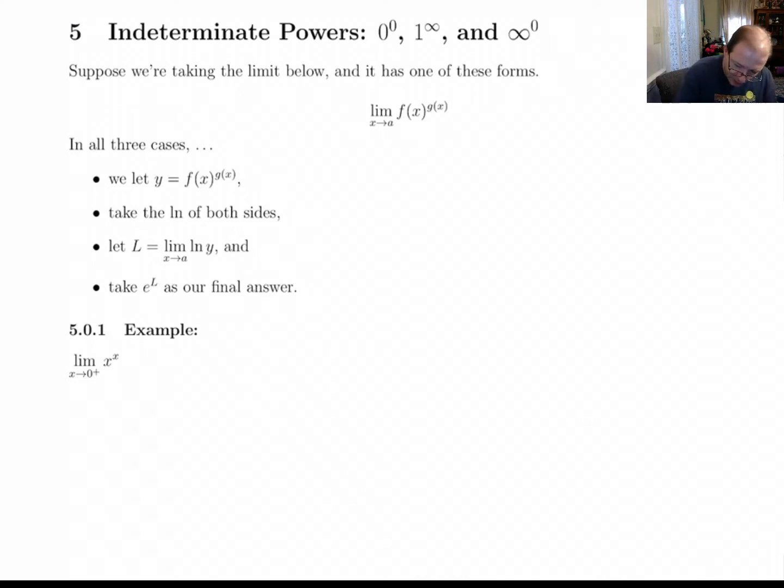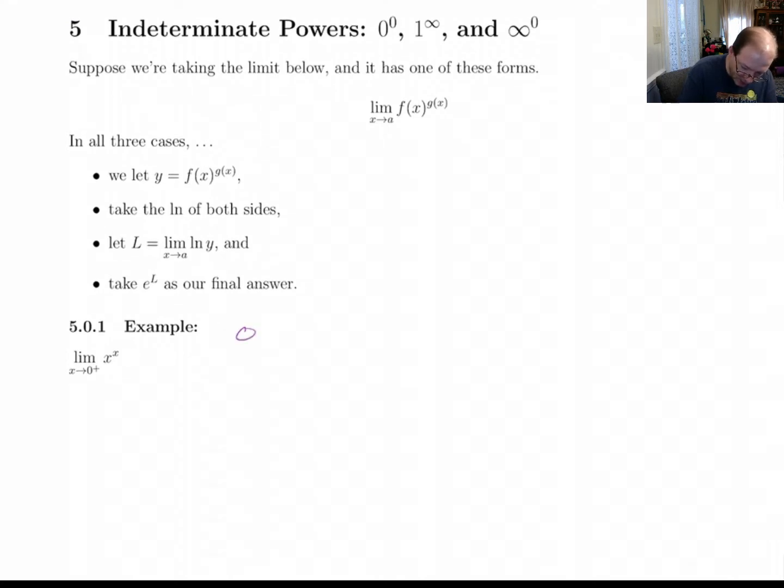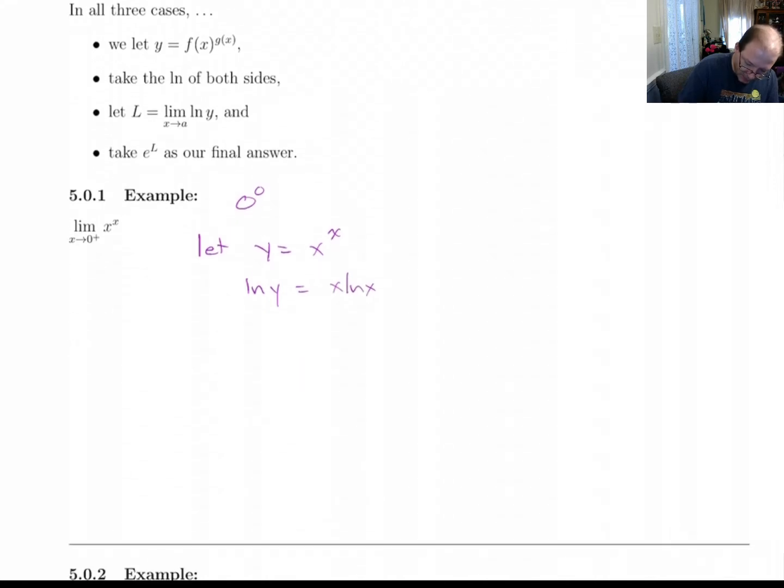This first one is x going to 0 from the positive side. So this one is a 0 to the 0 type. So let's work on it. I'm going to let y equal x to the x. So I get ln y equals... I skipped a step there.